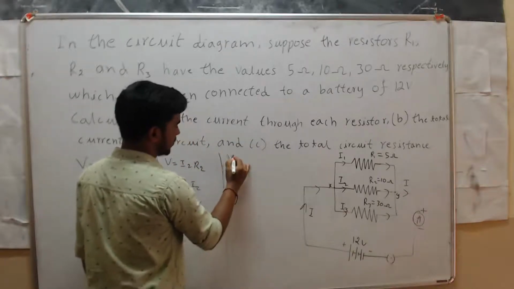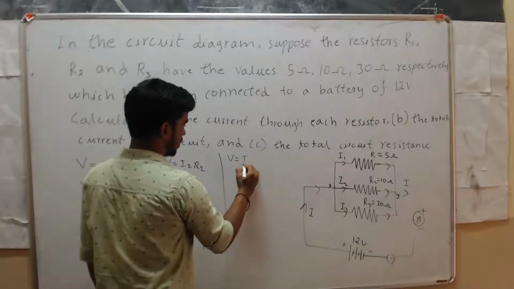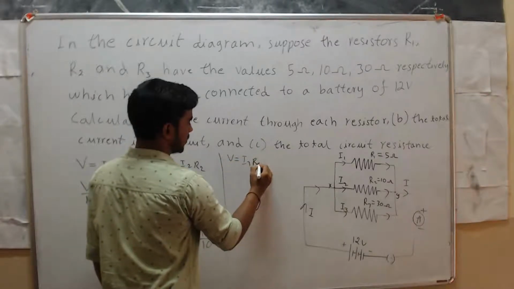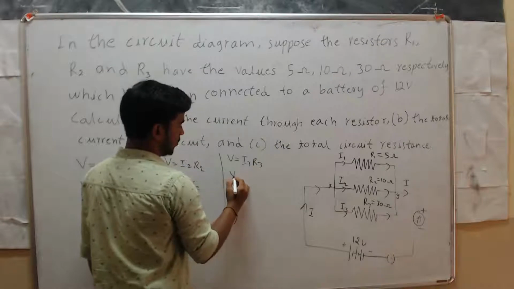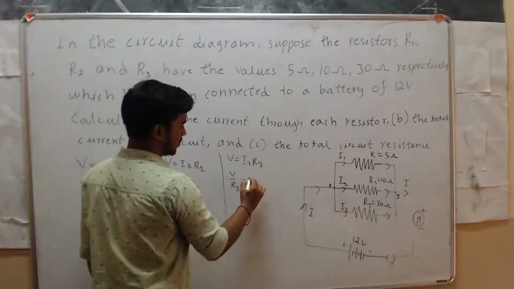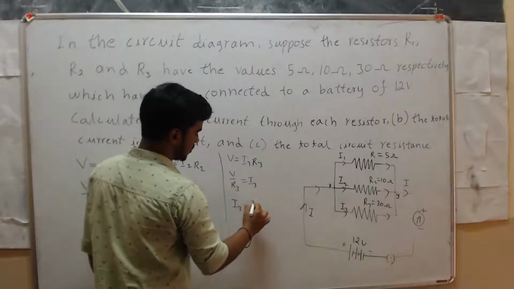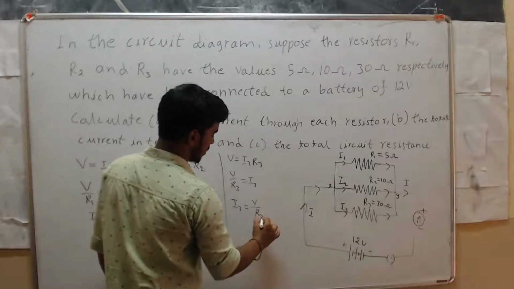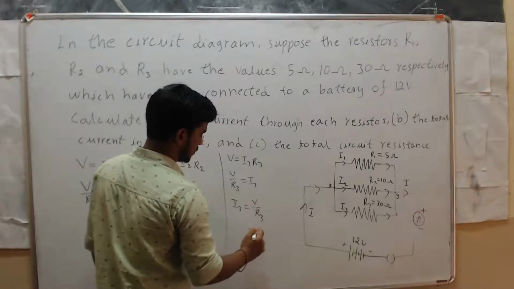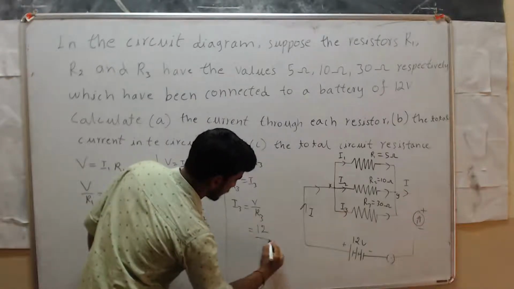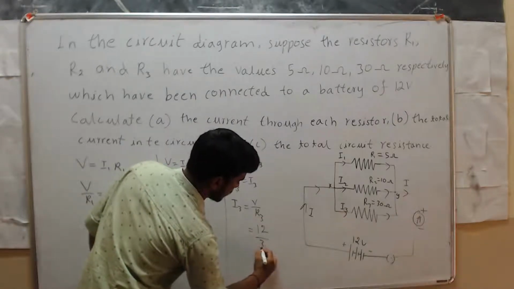Next we need I3, with V equal to I3 into R3. V by R3 is equal to I3. So V is 12, R3 is 30.